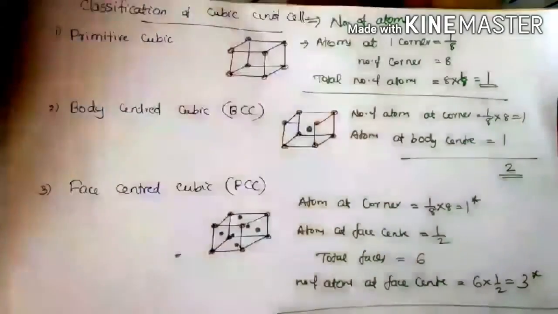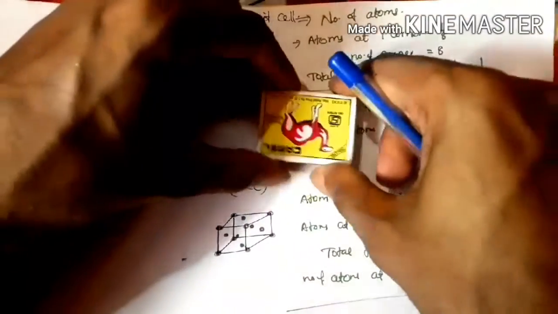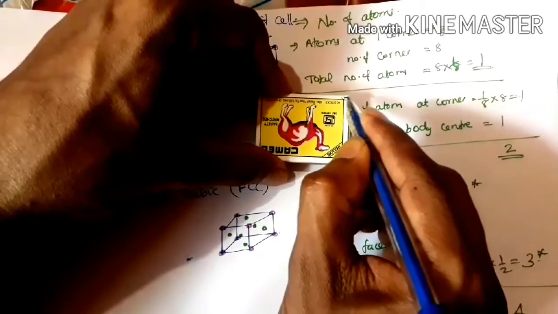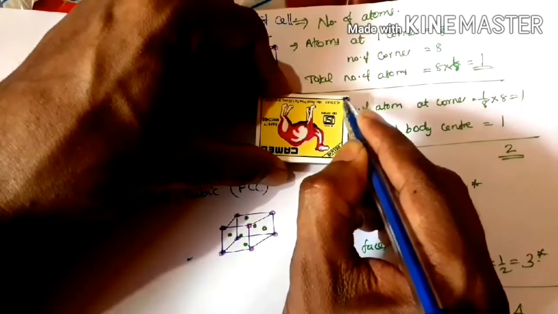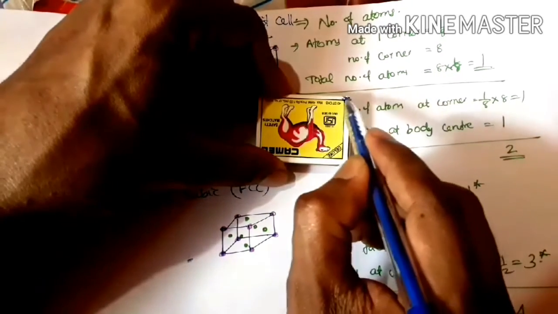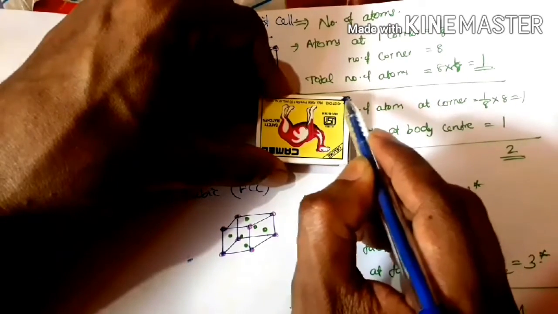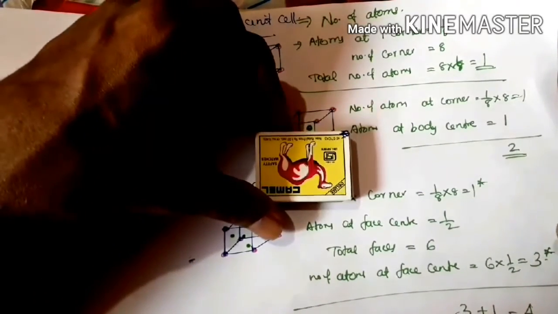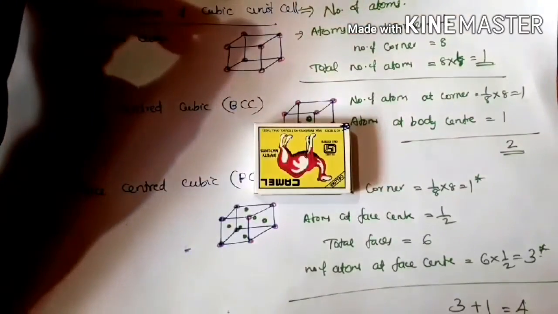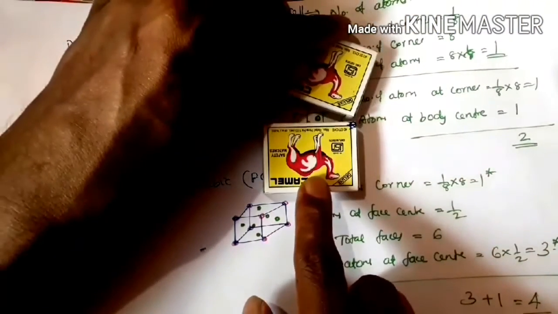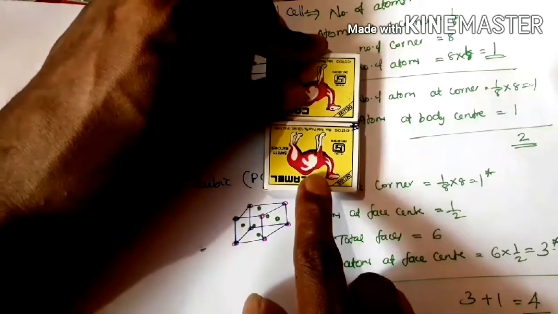Now, the atom which is present here can be explained using a matchbox. I have taken a matchbox and you see here is one corner, and I am drawing an atom present in one corner. I have taken another matchbox which is equal to another unit cell.